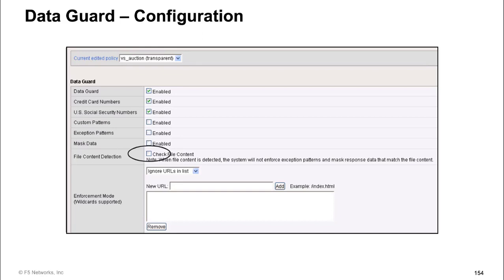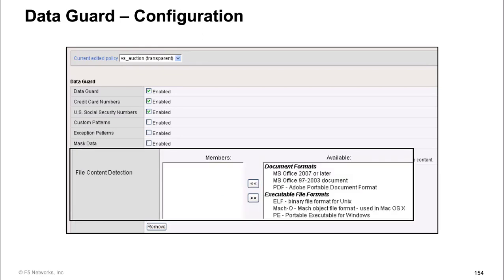I hear it works, but I need to test that to verify. That seems very intrusive to me. And here are the different file content detection methods we can look at: MS Office files, PDF files, ELF files, to look within the file for any kind of sensitive information.